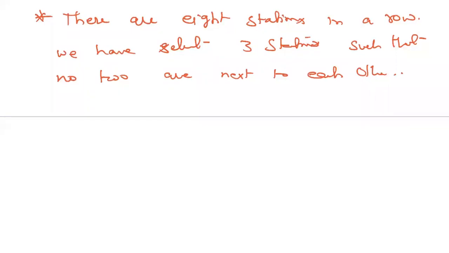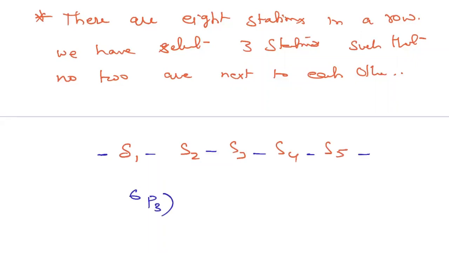Right, so directly we'll get the answer. Obviously, only 5 stations I'm putting there, right? The 3 stations that we have to select, we are putting in the gaps 1, 2, 3, 4, 5, 6, right? So 6C3, right? And in this, we do not have to arrange them, right?